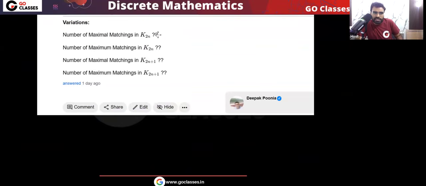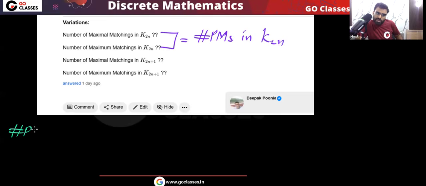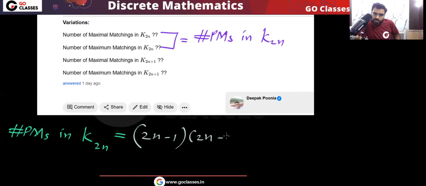Number of maximal matchings in K2n, number of maximum matchings in K2n. So these two will be equal to the number of perfect matchings in K2n, that we have already found, that is equal to (2n-1)(2n-3) and so on 1. And these two questions also we have found the answer.